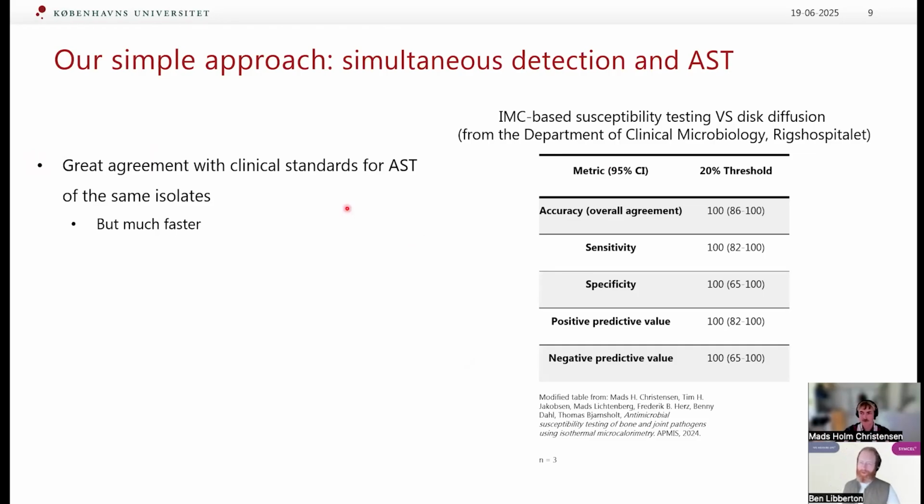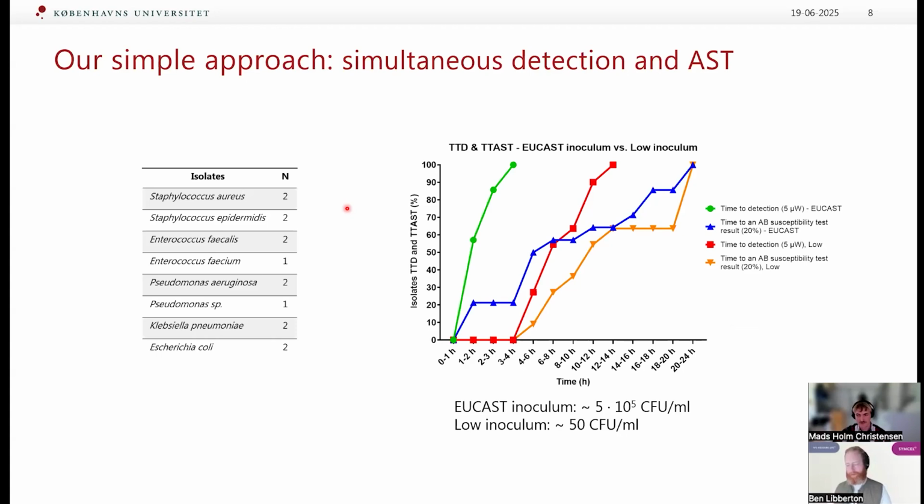And as you can see, we have great agreement, and actually for all of the isolates, the susceptibility profiles came out the same between the two methods. So that's a pretty good sign for the further experiments. And of course, based on this graph here, these results were obtained faster than at the hospital using the standard classical methods for diagnosing.